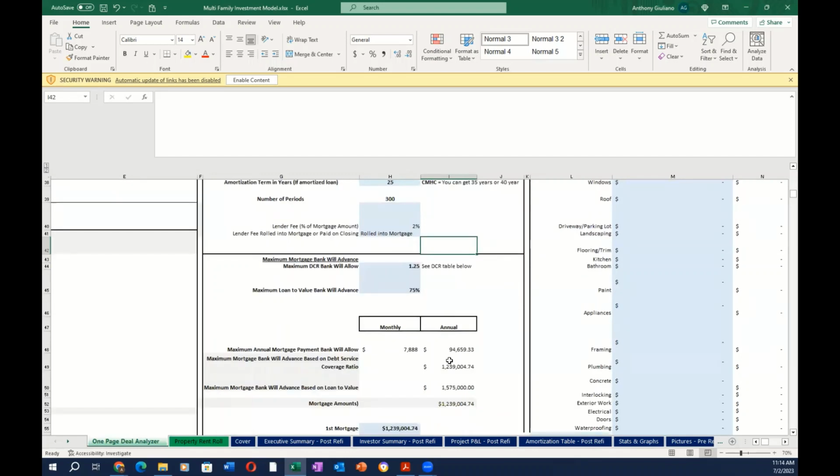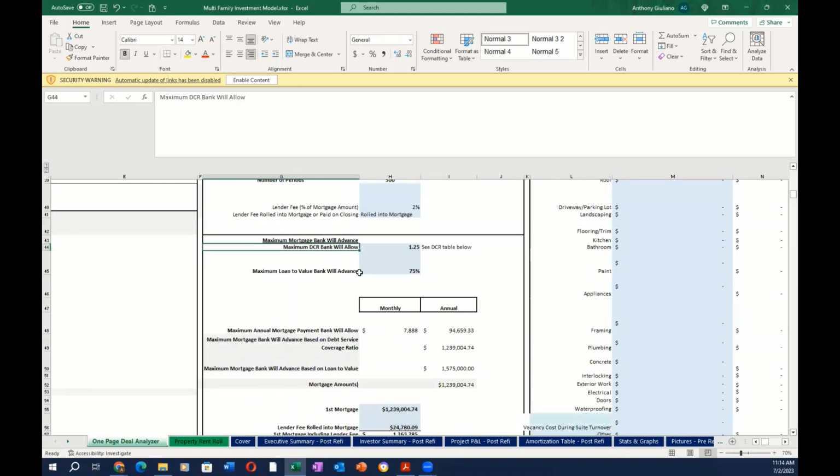And the next section I have here is the debt service coverage ratio. Generally on multifamily deals, there are two components that limit the amount of financing the bank will give you on the property. Number one is the loan to value on the mortgage.